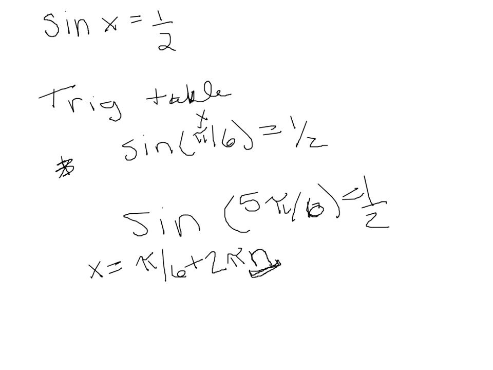I think in your homework you're supposed to use k, but that would be one solution. And the other one is 5 pi over 6 plus 2 pi n. And this is called the general formula.